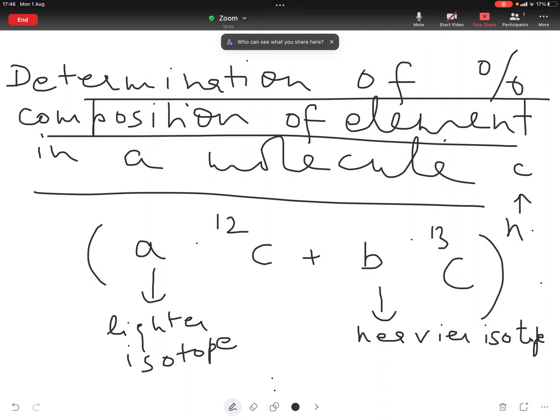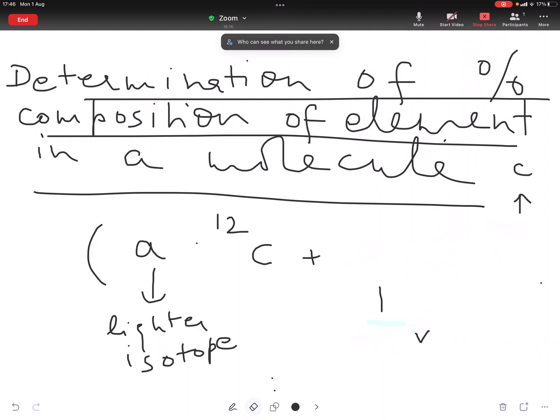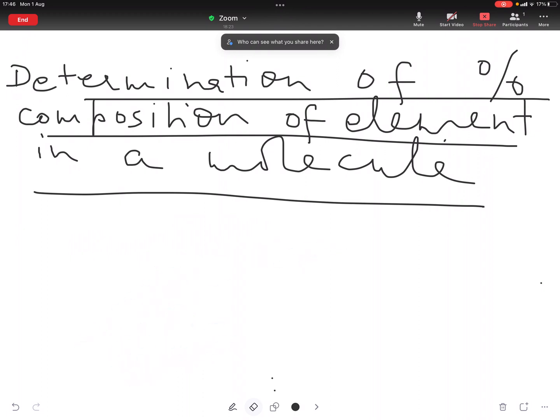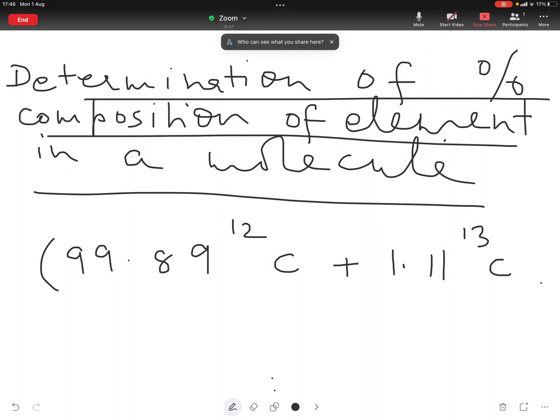Thus, for an ion containing two carbon atoms, the expression becomes (99.89 12C + 1.11 13C) squared.